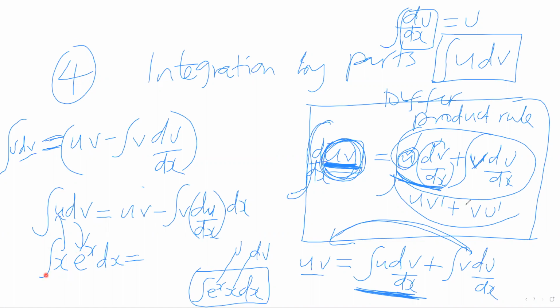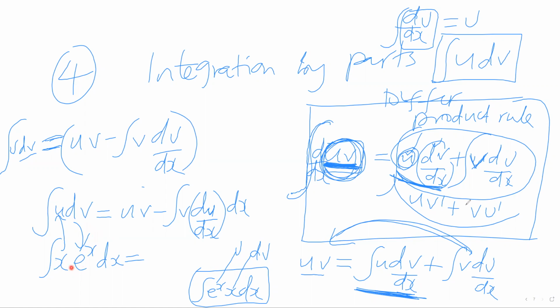U should be a function that is easy to differentiate, and as you continue to differentiate, it should have the possibility of disappearing. The more you differentiate, you should reach a point where you get a derivative of 0. Like here, the derivative of this is 1, and if I differentiate again, I'll get 0. So you choose this to be u and this to be dv.